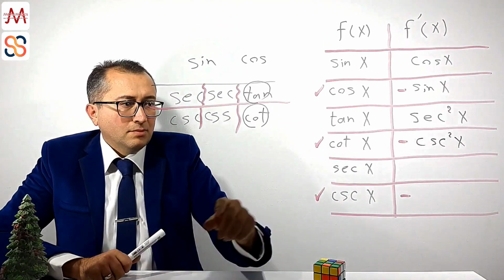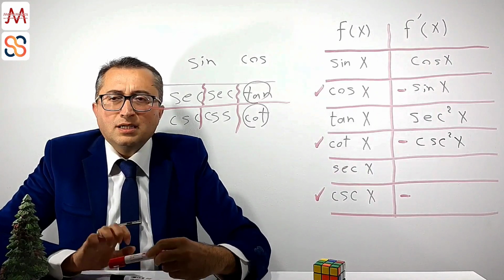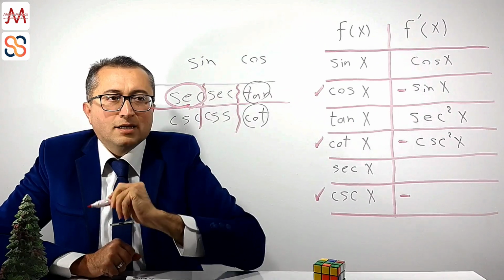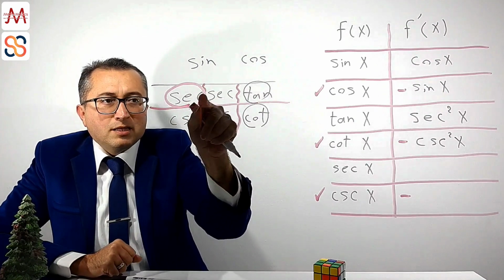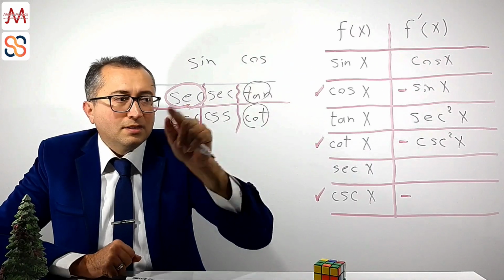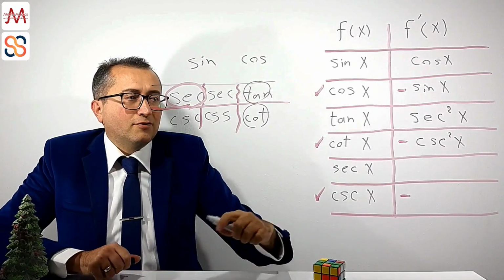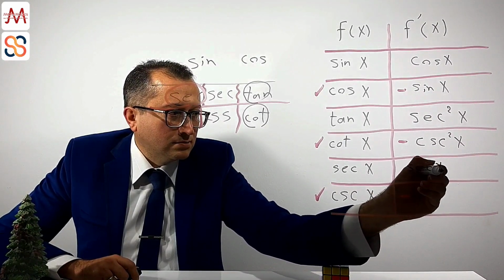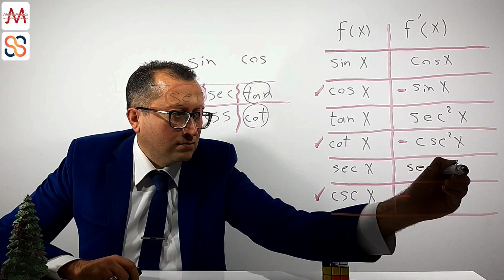Now, what is the derivative of secant x? Look at this thing, secant. Now, just multiply by this, secant times tangent. So, the derivative of secant is secant times tangent.